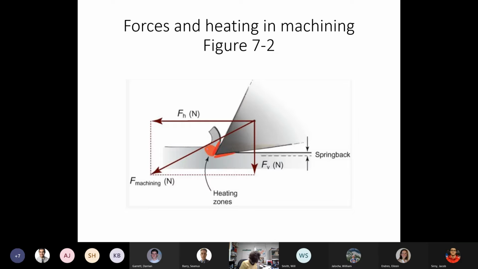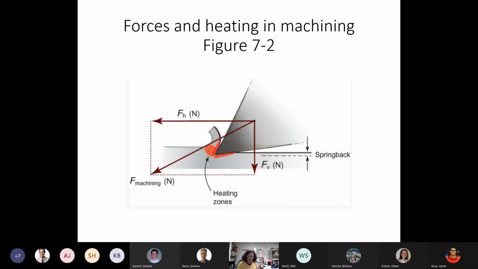What we hope for is that most of that thermal energy gets taken away with the chip. When metal gets hot, we can have unintended heat treating, and we would prefer that not to happen. There are different forces in machining, but we tend to see the highest temperature just in front of the tool.